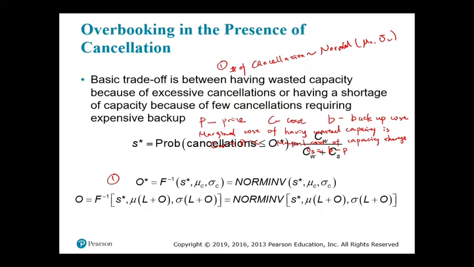So which means the average number of cancellations is a function of L, which is our capacity, and O, the overbooking level.